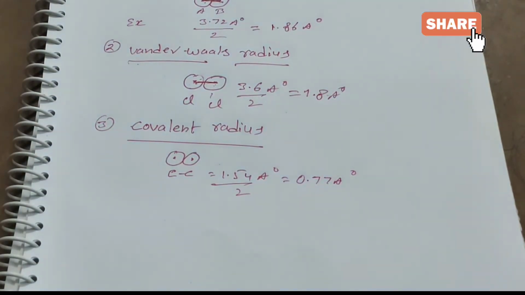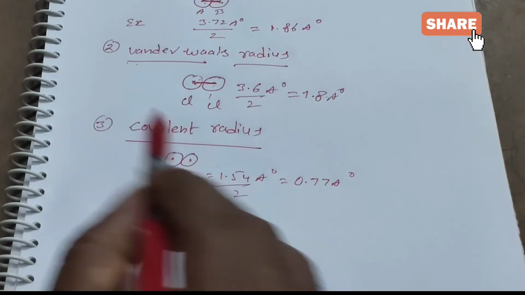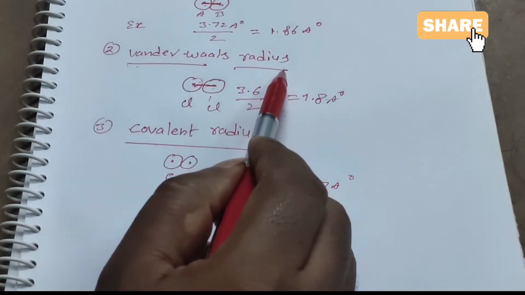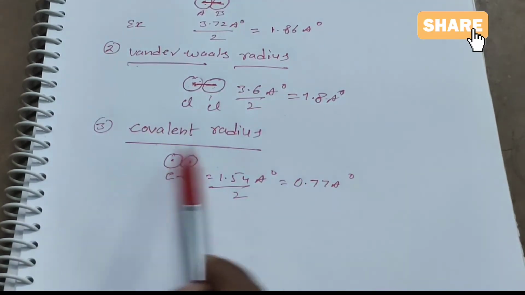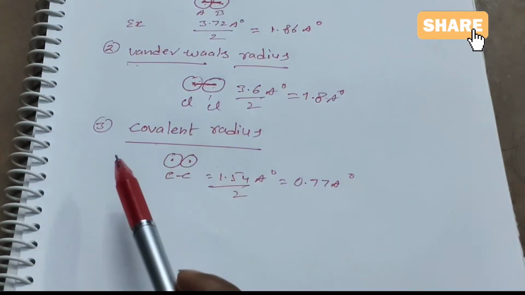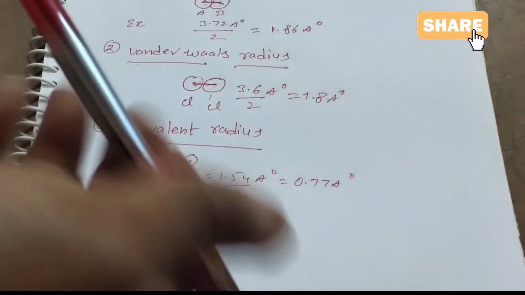In metals, the crystal radius is slightly more than the covalent radius. So in most cases the van der Waals radius is greater than the crystal radius, which is greater than the covalent radius. These are about the atomic radius. There are many types of atomic radius, but there is no need to discuss all of them.